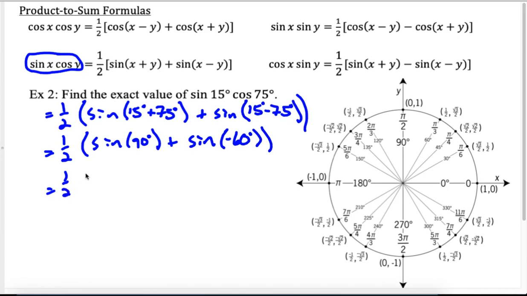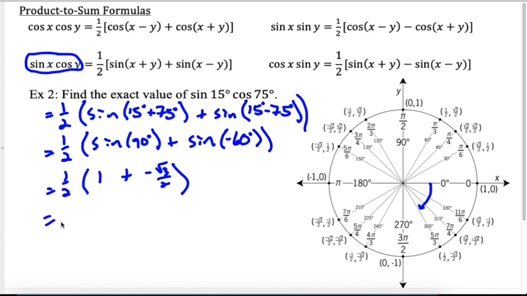So the sine of 90, the y value at 90 degrees is 1. And the y value at negative 60 degrees, right? So negative 60 would be right here. Negative 60 would be the same as 300. So the y value there would be negative square root of 3 over 2.